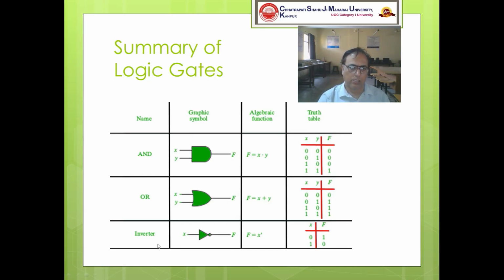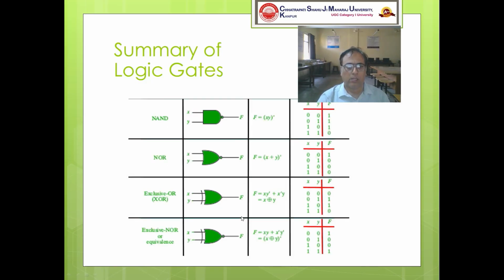The third basic logic gate was the inverter, which simply inverts what you give to the input. It's simply the complement of the input. If you put 0, you will get output as 1. If you put input as 1, you will get output as 0. And then we have seen the universal gates NAND and NOR.